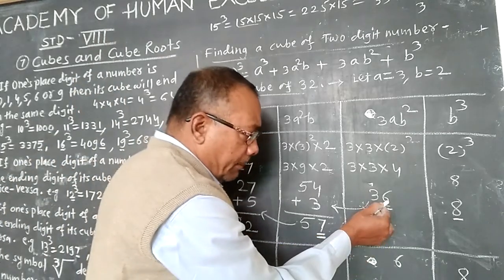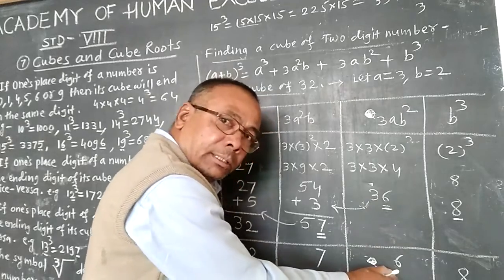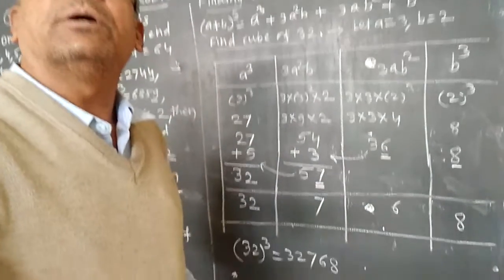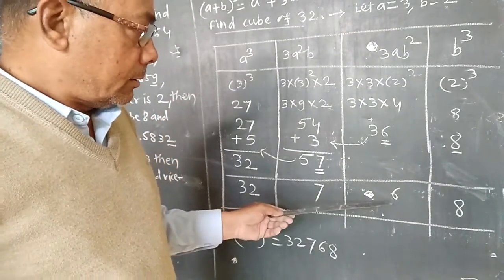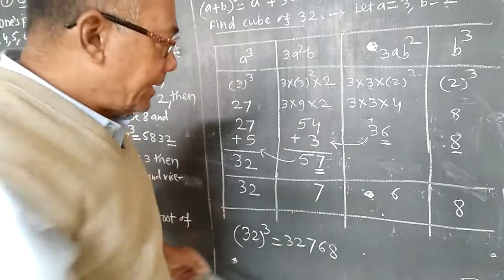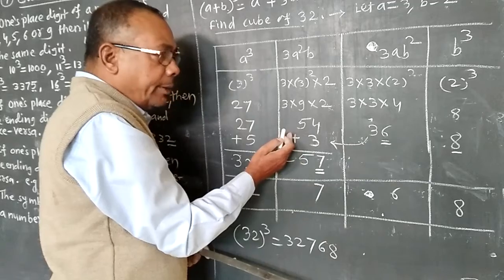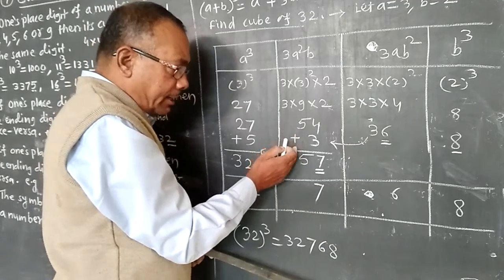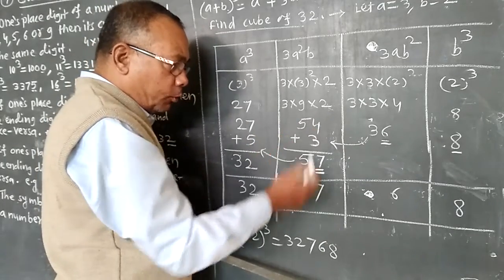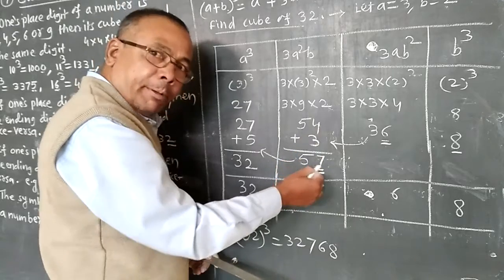Here the unit place digit is 6, write it as it is and take 3 to the previous column and add to 54. 54 plus 3 is 57.